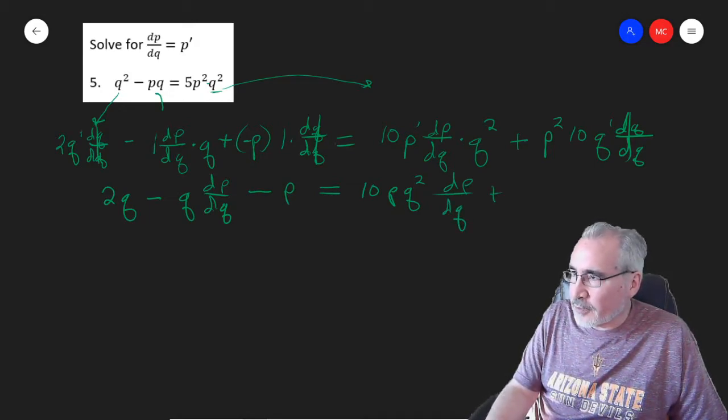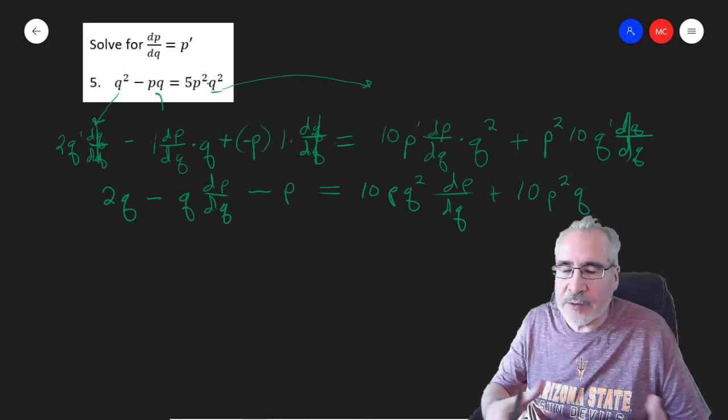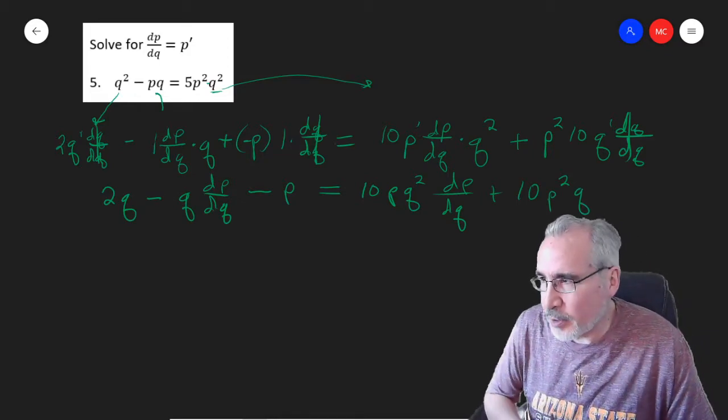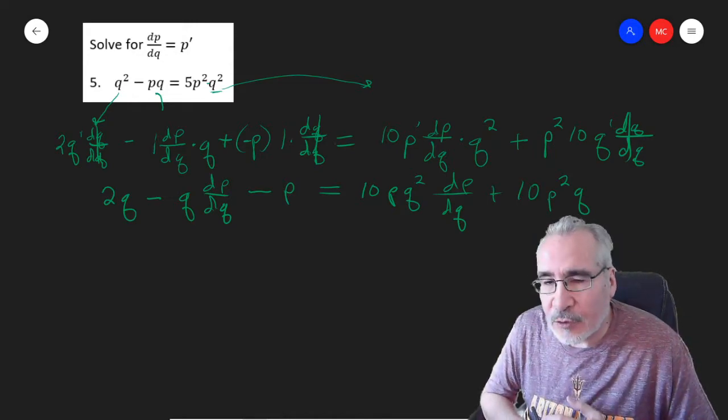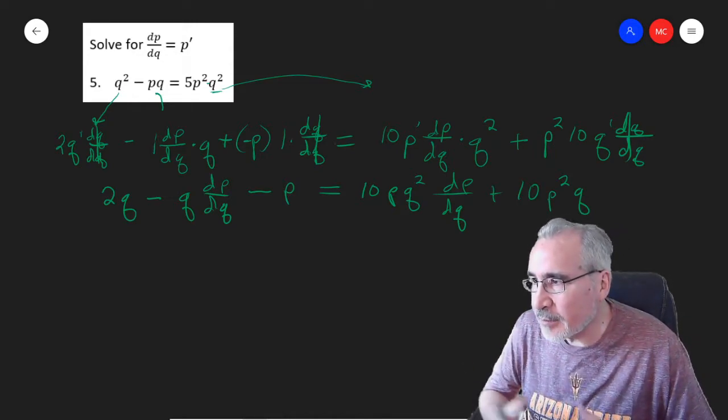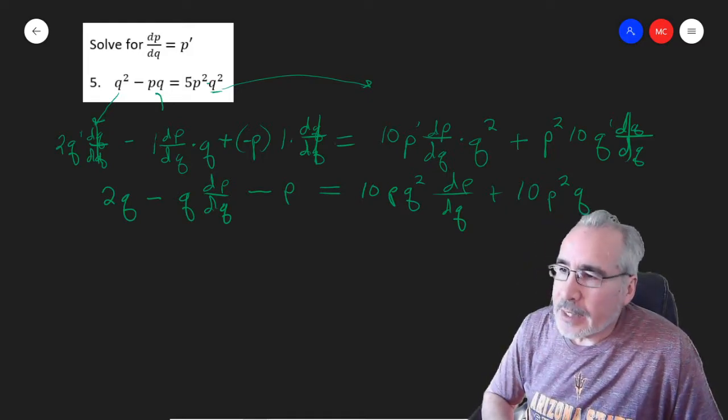And notice this part's 1, so let's go ahead and write this as 10p squared q. And we just follow sort of a procedure of putting them in alphabetical order. It helps organize. It's not that it's wrong to put q p squared, but it just organizes it. Now what do we want to do?